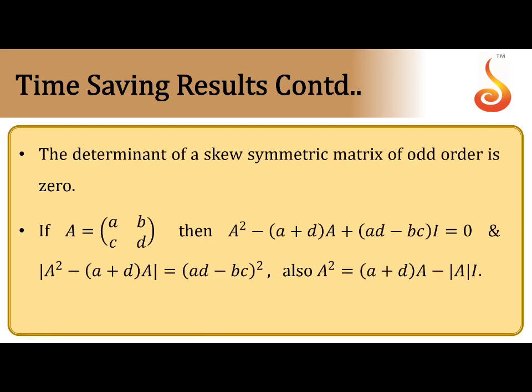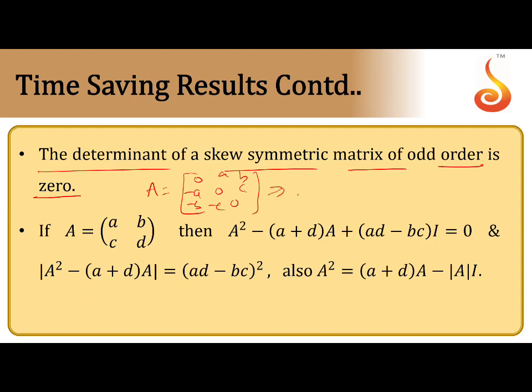Next, the determinant of a skew symmetric matrix of order 3 is 0. This is one standard property. If there is a skew symmetric matrix of odd order, that is third order or fifth order, but we have only third order. I'll take one example, a third order skew symmetric matrix. All the principal diagonal elements should be 0. This is a, b, c. This is minus a, minus b, minus c. In this case, obviously, these two are opposite signs, these two are opposite signs, these two are opposite signs.